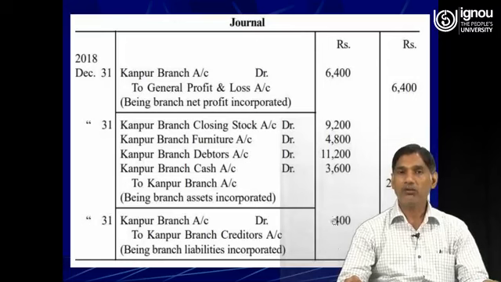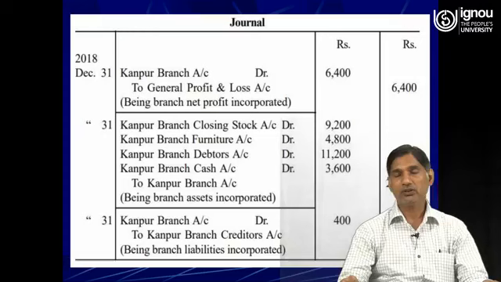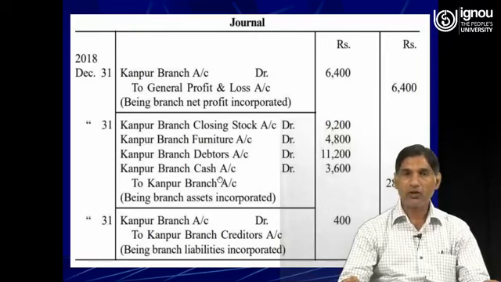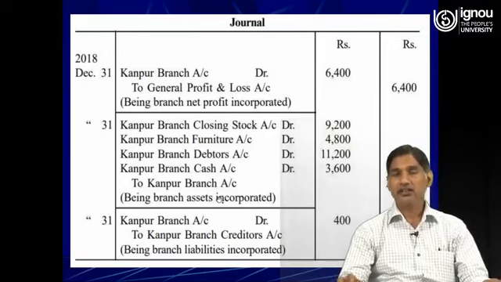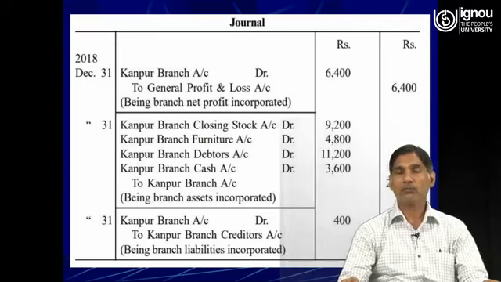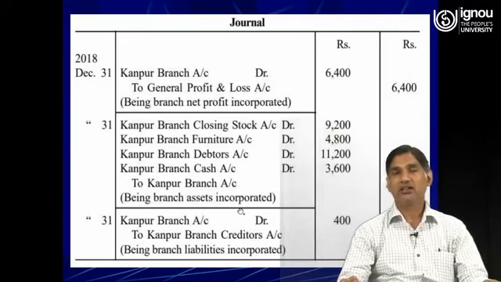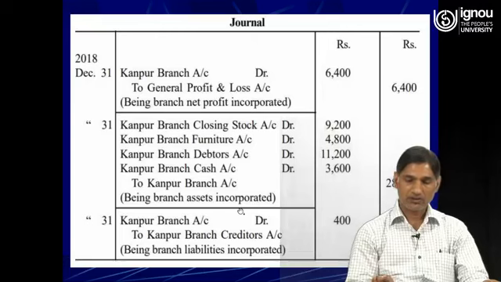All the liabilities have a credit balance, therefore the creditors, that is the liabilities account, has been credited and Kanpur Branch Account has been debited by rupees 4,000. So this is how the journal entries are passed in the books of the head office when the balances of branch accounts are incorporated in abridged form by the head office.